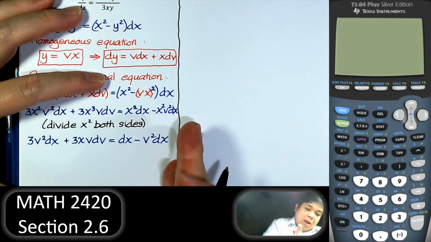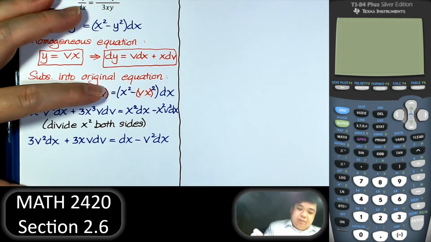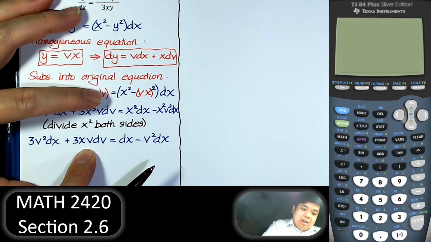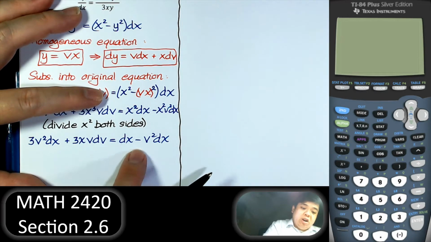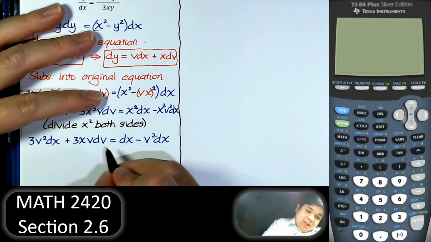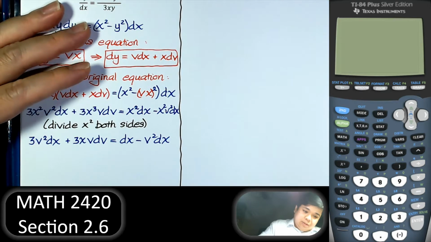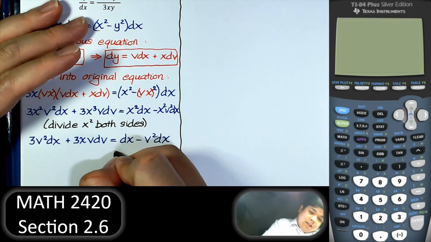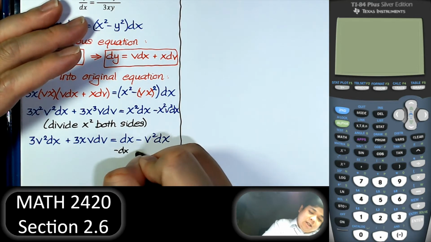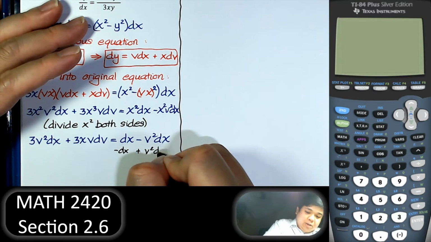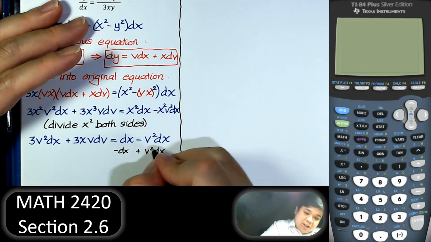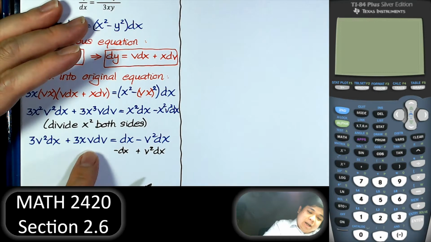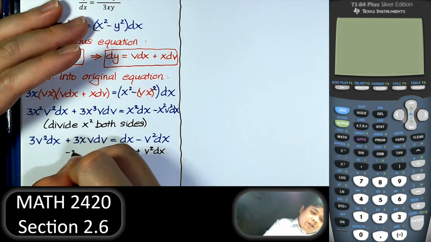Move everything with dx to this side, and the dv can move to the other side. So let's move minus dx plus v squared dx to the other side.